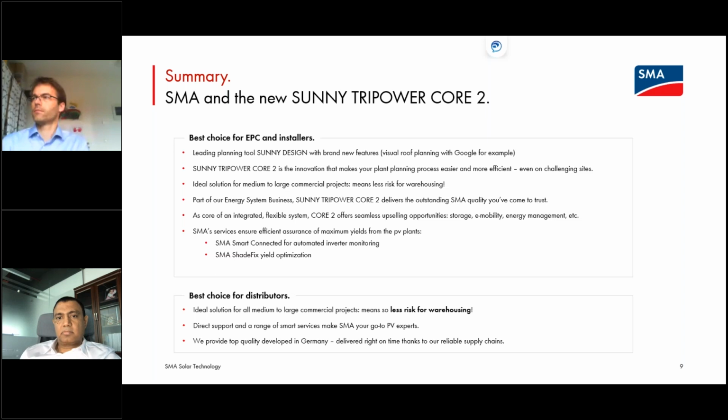So you can also put it in your warehouse, because there are several applications which can be made with this kind of inverter. And it is an SMA device coming with the SMA quality and the integration into the SMA solution world, with the energy management, with the battery integration, with the service structure that we have. Everything is integrated into that product itself.